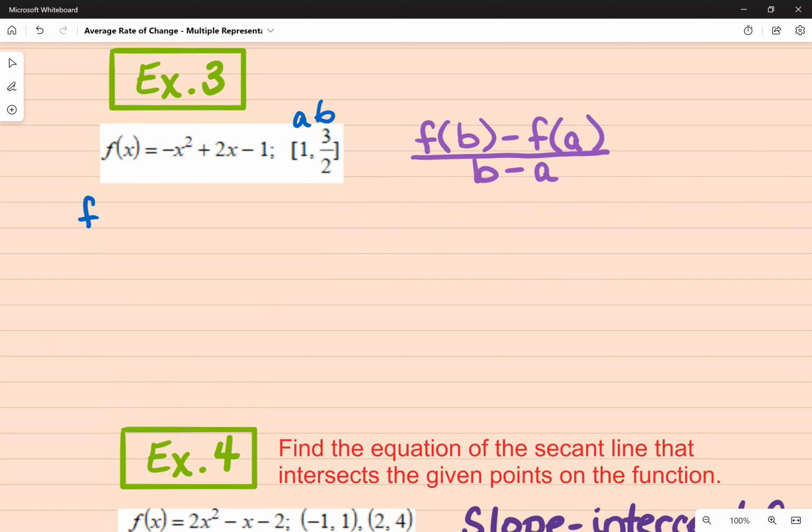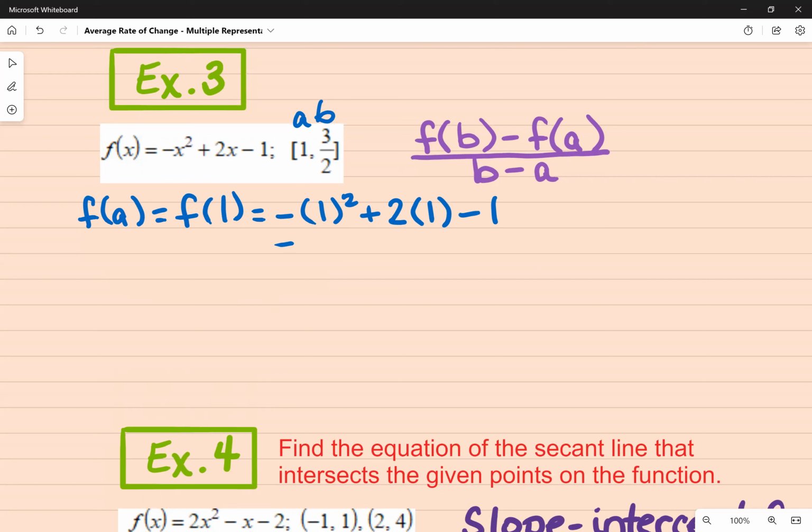So for my F of A, I'm going to just substitute in that 1. This 1, okay? And the function that's given is negative x squared plus 2x minus 1. Instead of x, I'm going to replace it with 1. Now I just simplify.